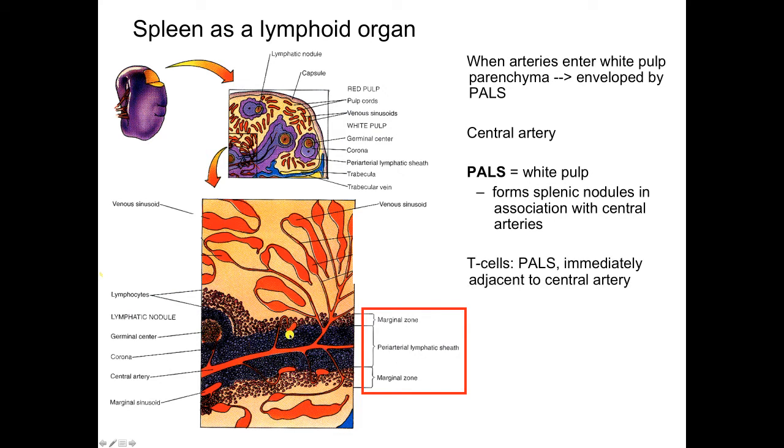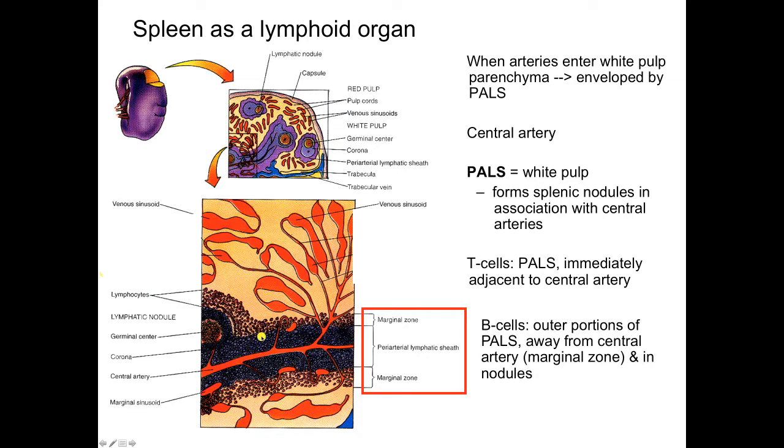Immediately around the central artery in this periarterial lymphatic sheath is where T cells take up residence. And the B cells are in the outer portions of the periarterial lymphatic sheath, away from the central artery. They may be found in this marginal zone, and they're also found within the nodules themselves.